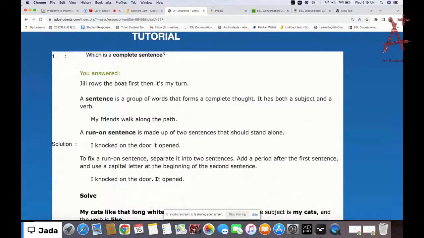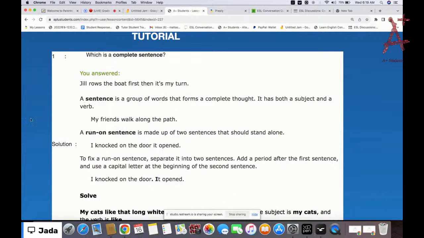Okay, so the complete sentence is the same. All right, it makes sense and it forms a complete thought. It has both a subject and a verb. That is a complete sentence. So take note of that. The only different thing that we're doing here is the run-on. So we just need to find out what the run-on is.